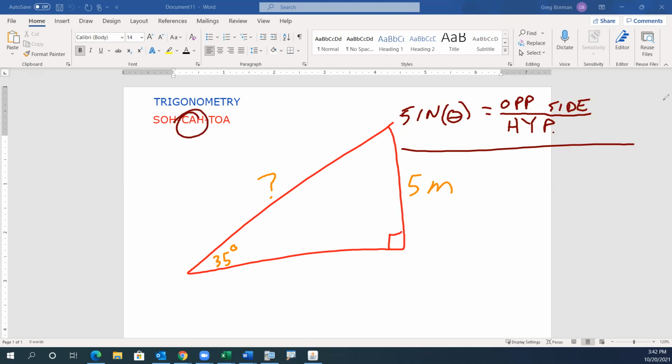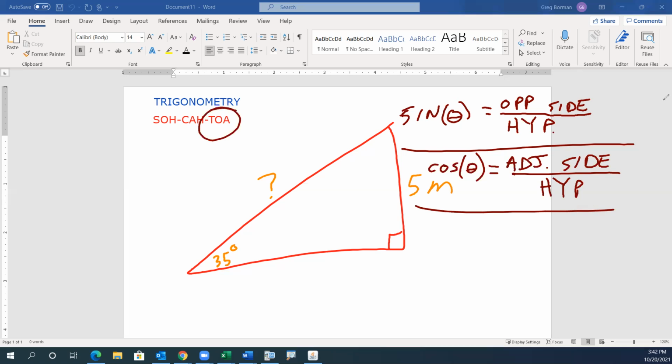Well, what about CAH? The C stands for cosine, another trigonometric function. So cosine of some angle equals A, the adjacent side, divided by H, the hypotenuse. And the last one, TOA.